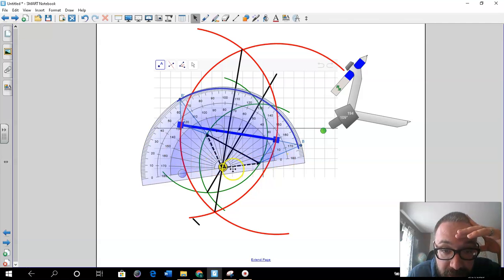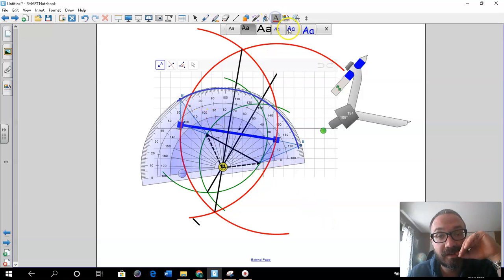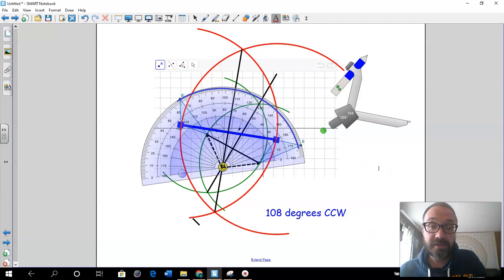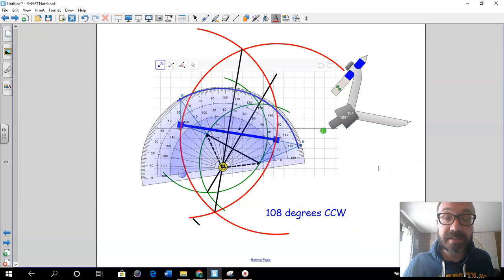And then A prime is up here at, let's see. Now this is obtuse, so we read the bigger number. It is about 108 degrees. And then you have to give the direction, of course, so counterclockwise. So that's something that I might ask you to do on a test.